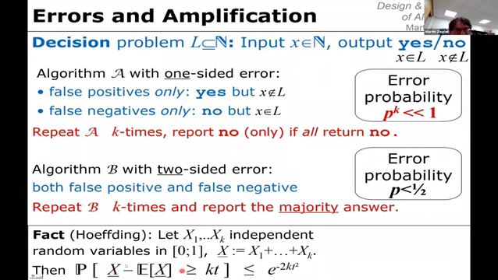This is a new random variable. The difference between both is a new random variable, and the probability that this random variable has a value exceeding k times t, where k denotes the number of original random variables and t denotes any positive real number, is less than or equal to the exponential function e to the minus 2k t squared.